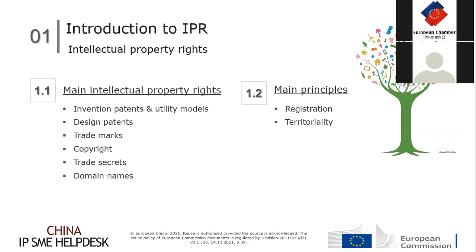So when we talk about trade secrets, we're actually talking about all the previous intellectual property rights that I mentioned as well. Finally, domain names are not an intellectual property right in themselves, but in the digital economy they are very relevant because they are basically the digital address of your company. Once you have created your domain name and registered it with the proper authorization, it's really difficult to take it down.